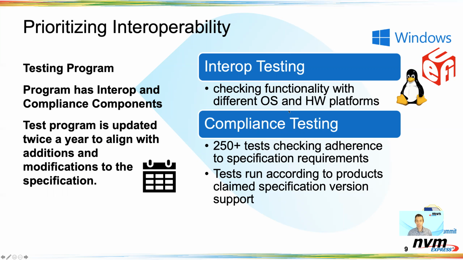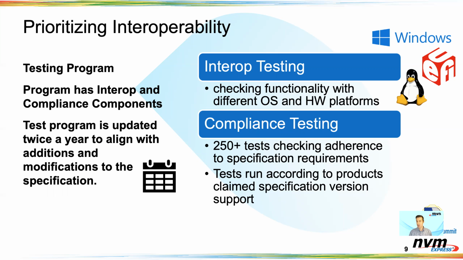Alongside that, the testing has an interop component, and that's where we check basic functionality with different operating systems. We'll take an SSD and make sure that, yes, you can connect it to this OS, you can connect it to this host, it's going to come up, you can do I/O to it. And so those two things complement each other.